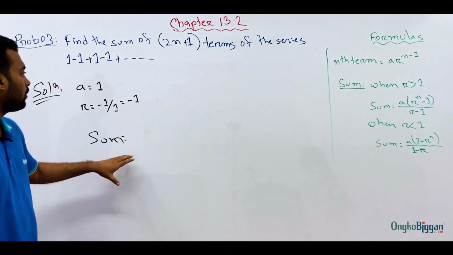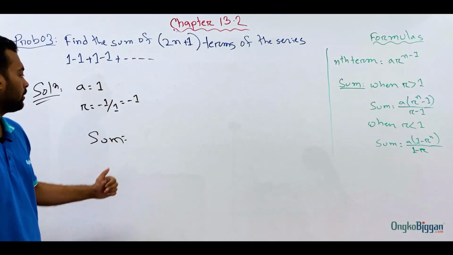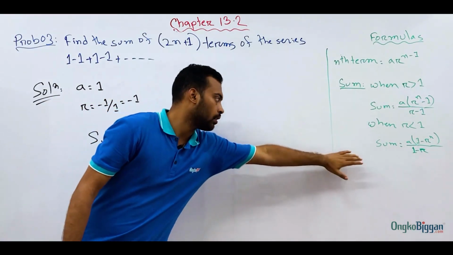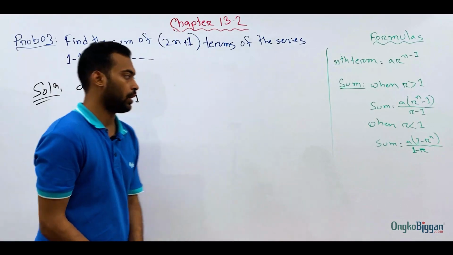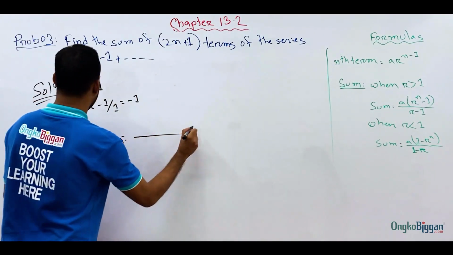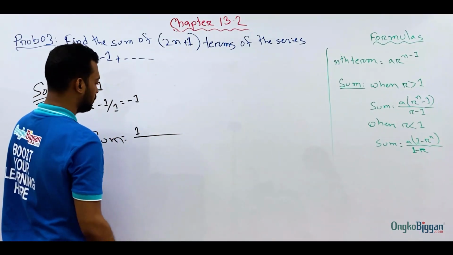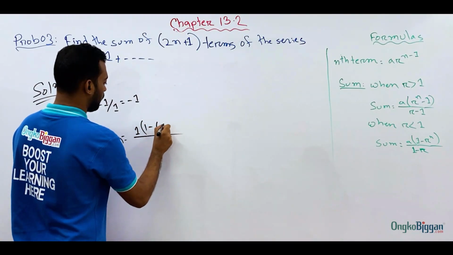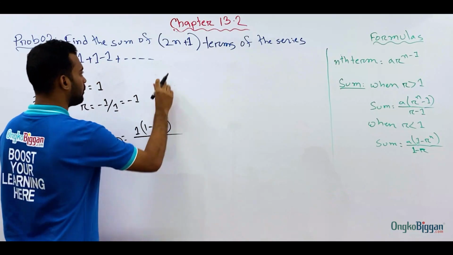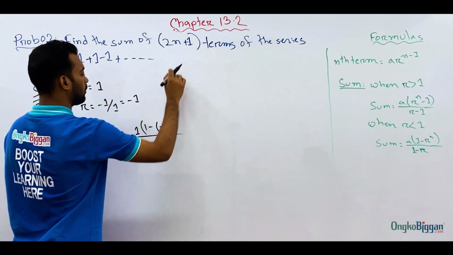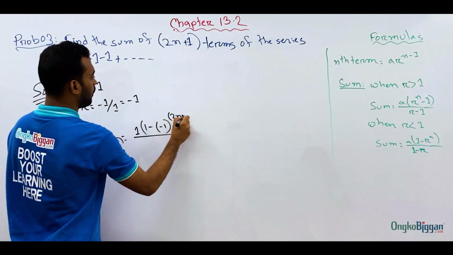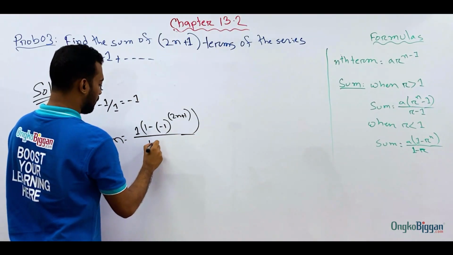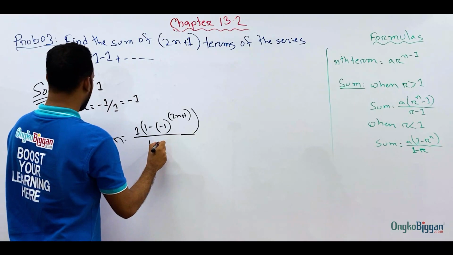So we have to figure out the sum of this series. We know the value of r is minus 1, so we should be following this formula. Let's put it in that way. a is equal to 1, r is equal to minus 1, n is equal to this expression 2n plus 1, and 1 minus r is equal to 1 minus (minus 1).